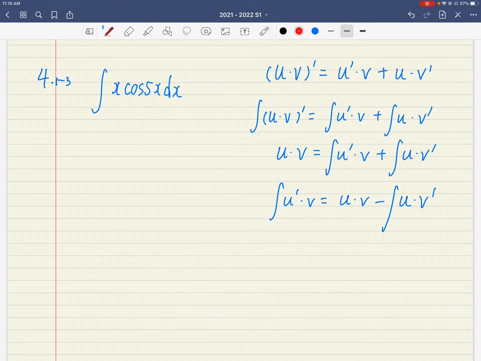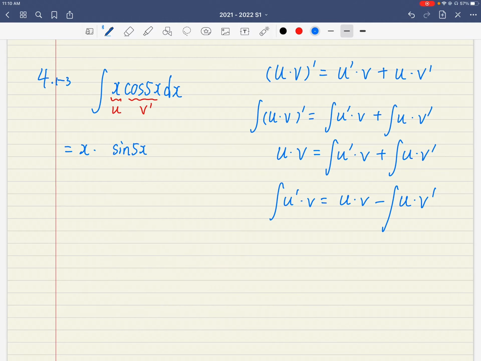It could be very, very useful. For example, here, let's treat this as our u. Let's treat this as our v's derivative. From this formula, it is equal to x times cosine 5x. Then if cosine 5x is the derivative, what is v?